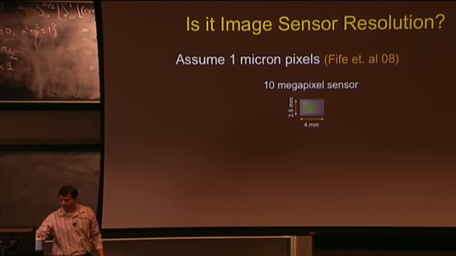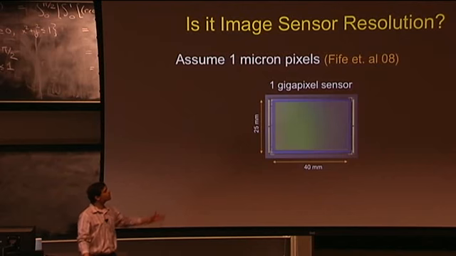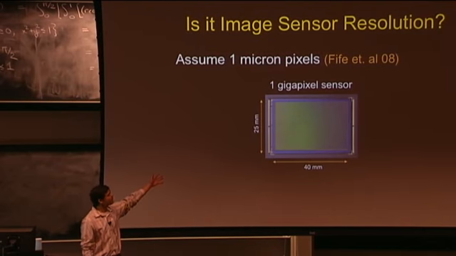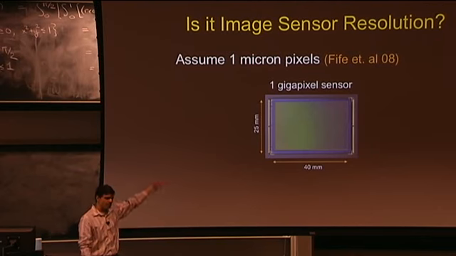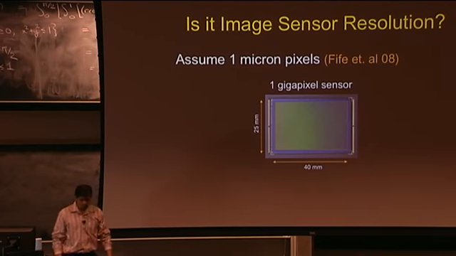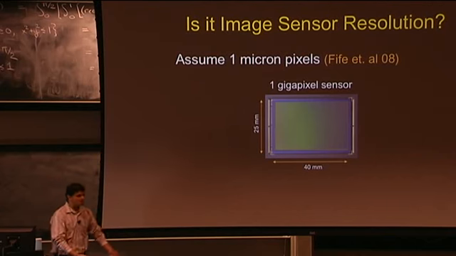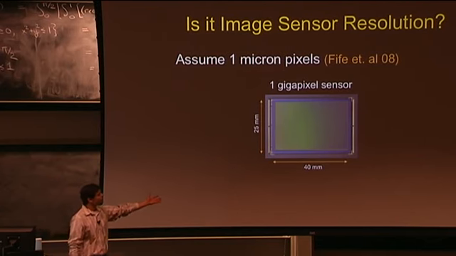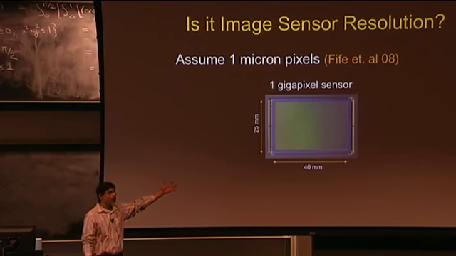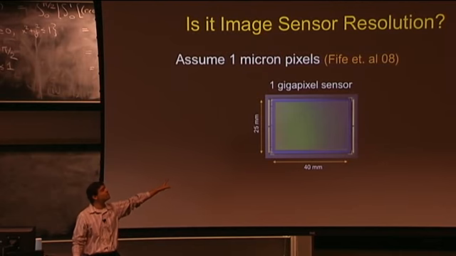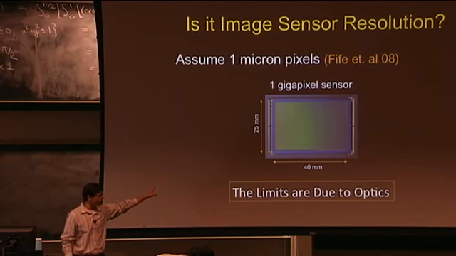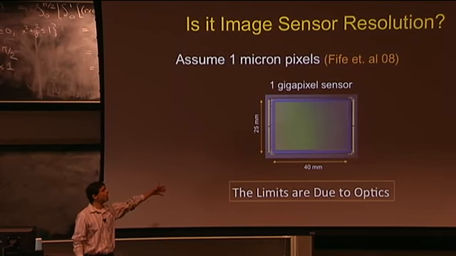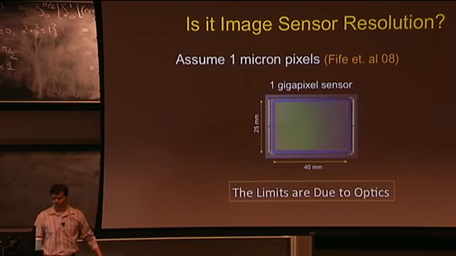And when we have 1 micron pixels, we can fit 1 billion pixels onto a relatively small sensor package, something like a 40 by 25 millimeter sensor. So it's within the capability of today's sensor technology to manufacture these gigapixel sensors. Of course, no one is doing it right now, but it could be done. So really, the limitation right now is not sensor technology. The limitation is due to the optics of these cameras. So that's what I'll be talking about mostly today.